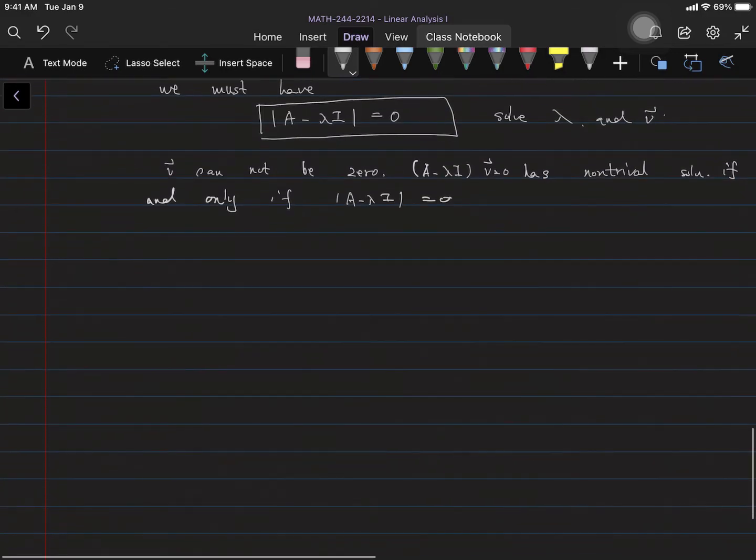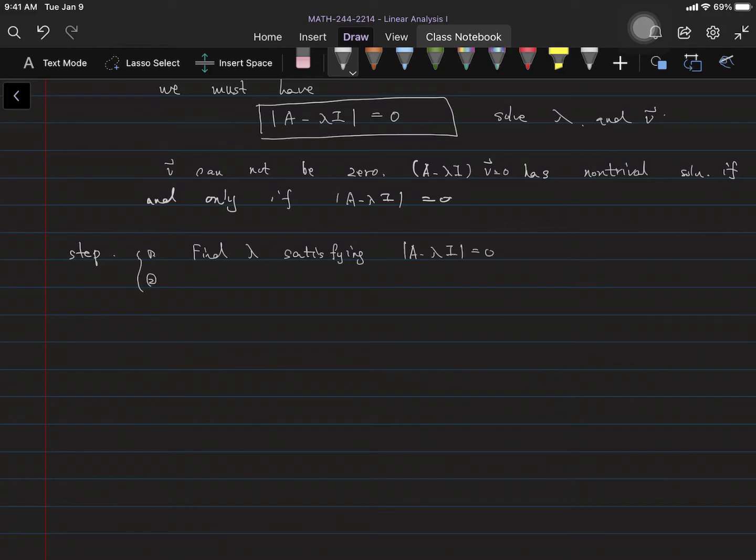Okay, determinant. Now let's take a look at the steps to find lambda and V. First step, find lambda satisfying this equation: the determinant of A minus lambda I equals 0.